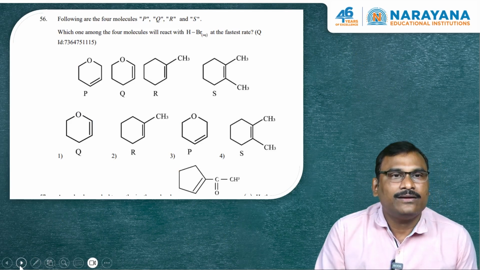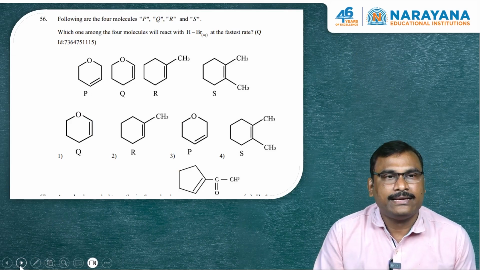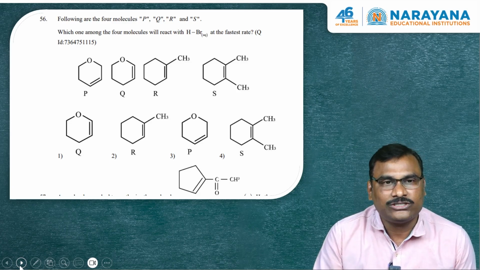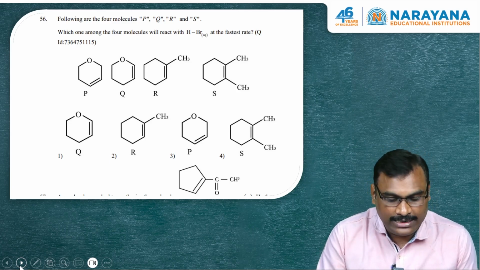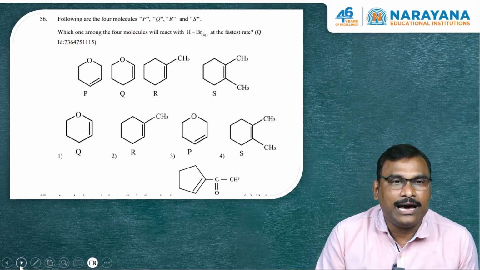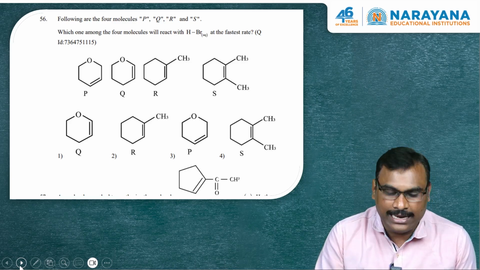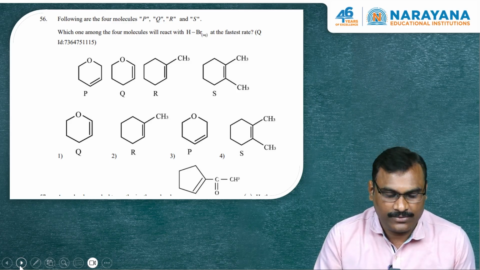So there are 4 molecules P, Q, R and S. Which one of the following 4 molecules will react with HBr at the fastest rate? Here, all the 4 molecules given are alkenes. So addition of HBr to the alkene is an electrophilic addition reaction.